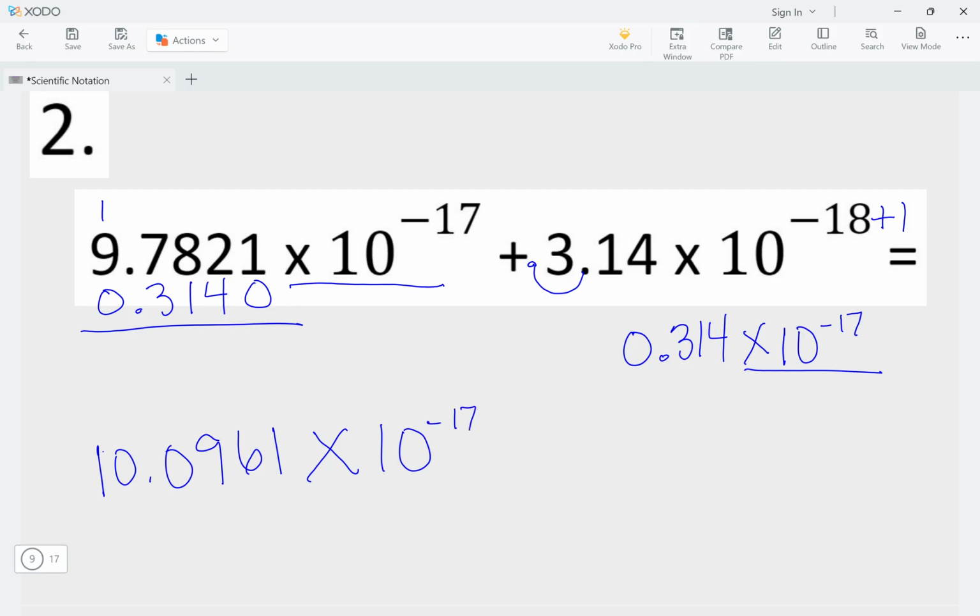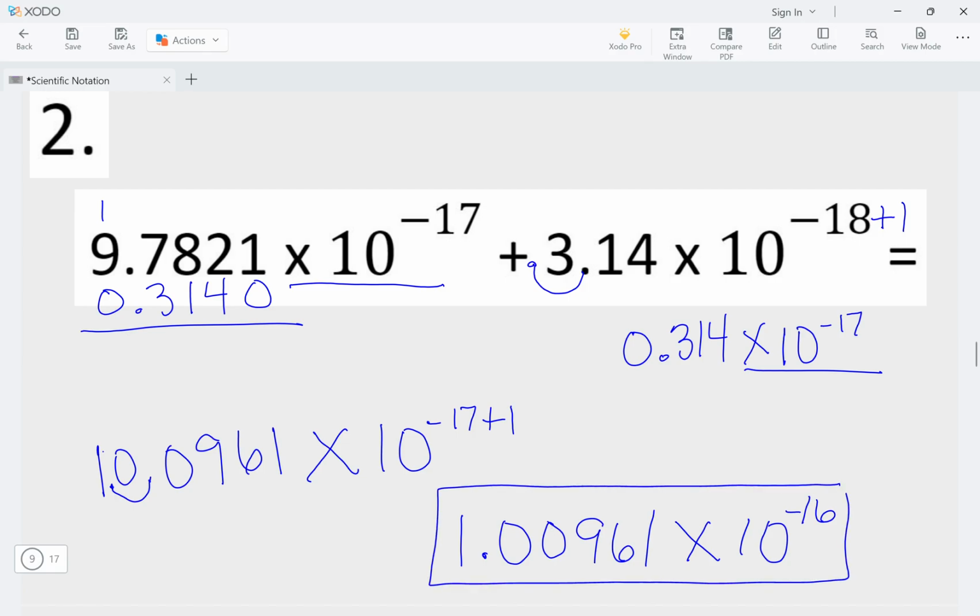In order to change this, I need to get my first number to be between 1 and 10. So I'm going to have to move this decimal to the left. Moving it to the left is going to increase this by 1. So my final answer is 1.00961 times 10 to the negative 16.